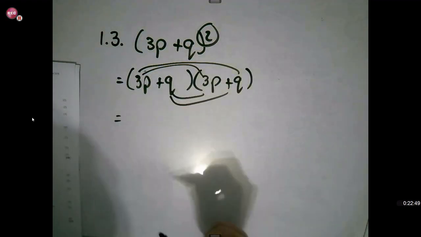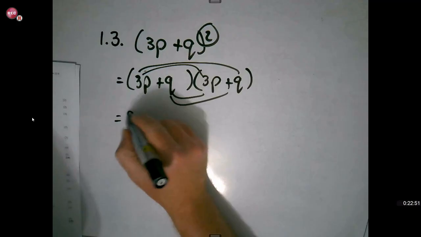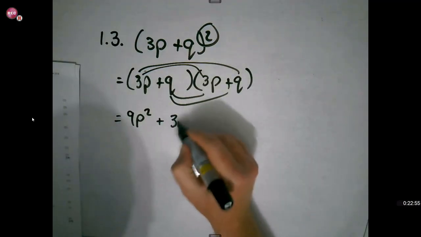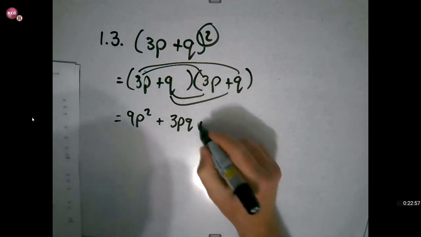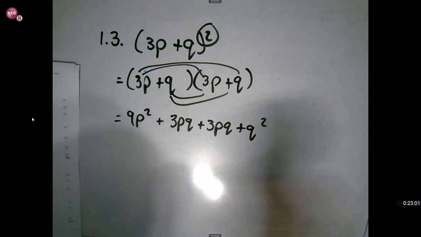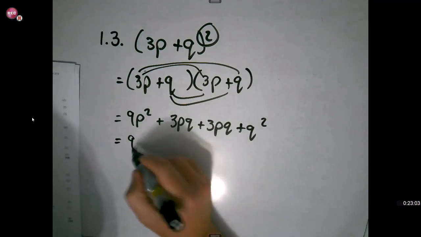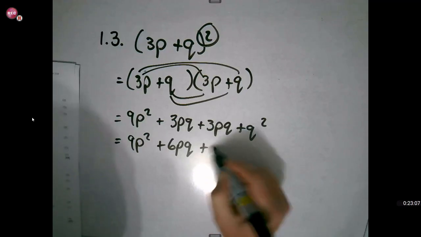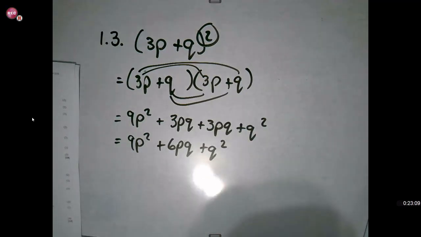Grade 9 stuff that was taught to you. You'll get 9p squared. You'll get plus 3pq plus 3pq again plus q squared. If you go and simplify, you'll get 9p squared plus 6pq plus q squared in this case.